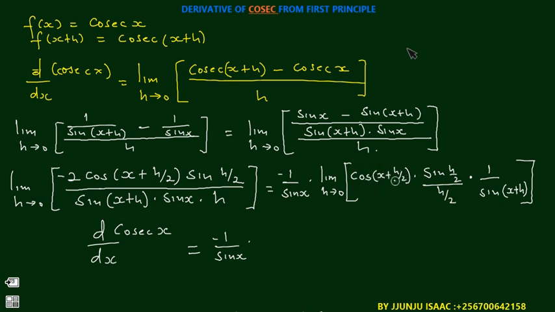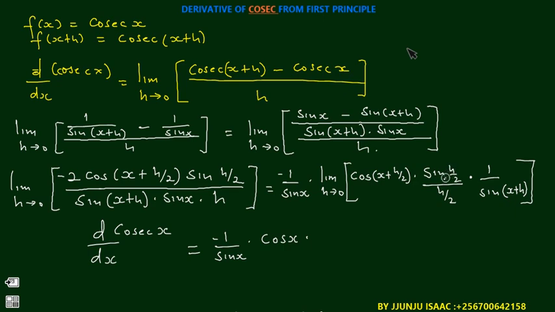So h over 2, as h tends to 0, that means this is 0 plus x, we remain with cos x times 1, because this is sine of an angle divided by the angle.